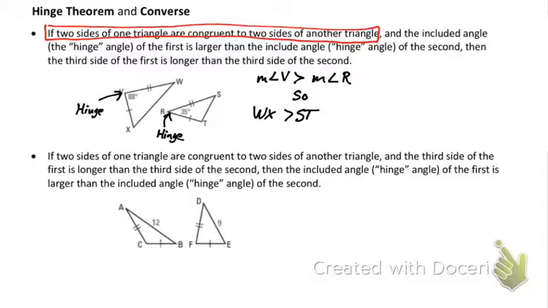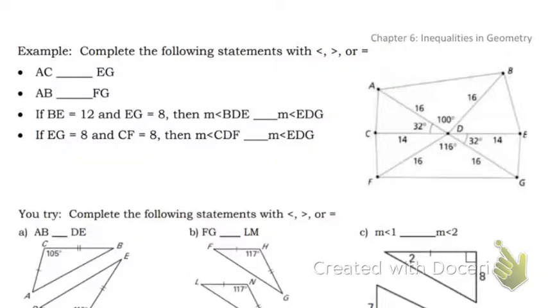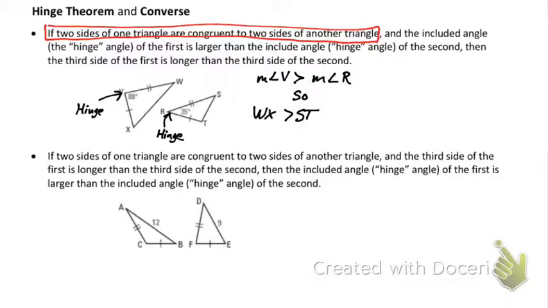The converse just goes the other direction, but we still have to make sure we have a hinge angle. To have a hinge angle, you have to know two sides are congruent on both triangles. So if we look down here, we know AC is congruent to DF, and we know CB is congruent to FE.